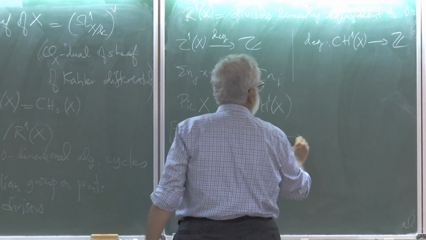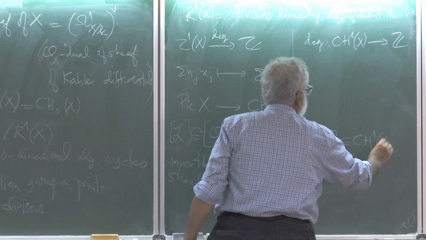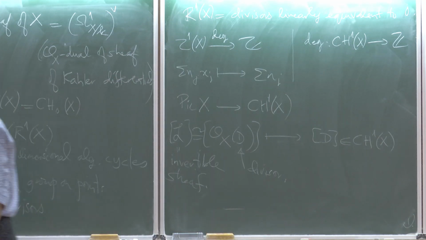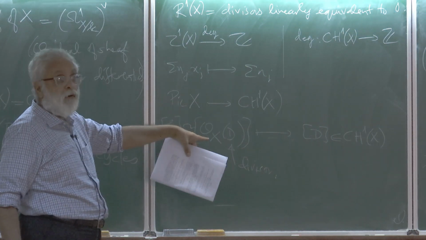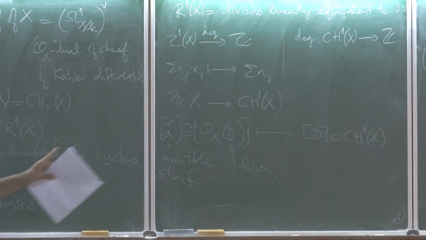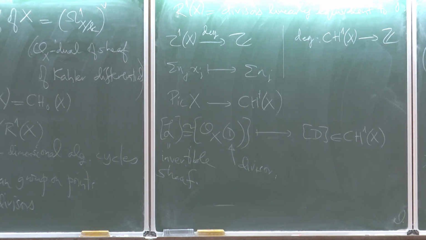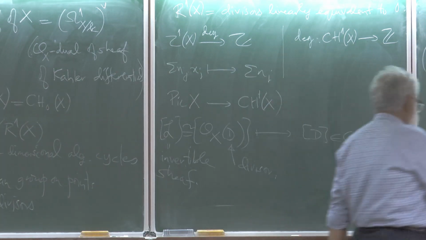So then what you do is you take the class of such an L, choose a representative O_X(D) and associate to it the class of D in the divisors mod linear equivalence. Right? There's such an association, because every invertible sheaf is isomorphic to some O_X(D), I can choose one and do it, and the assertion is it's well defined. I'm not proving it, this is all part of the theory, but I'm just trying to formulate things in a particular way.